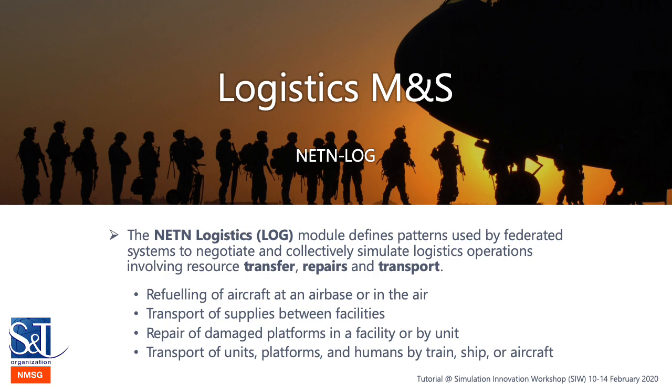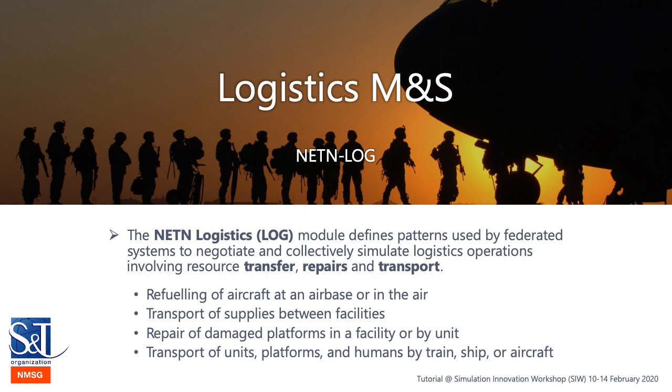So one unit simulated in one simulator needs to be transported using some platform in another simulator to provide repairs and to transfer supplies. For instance, for air refueling from one federate representing the refueling platform and another simulator representing another platform, how do you transfer this in a coordinated manner in a federated simulation?